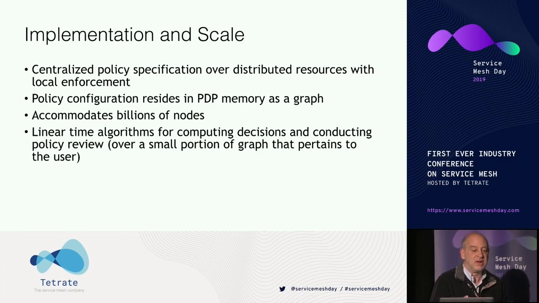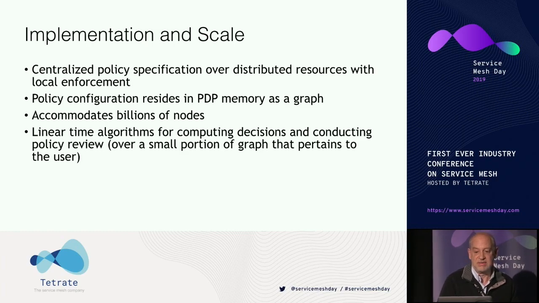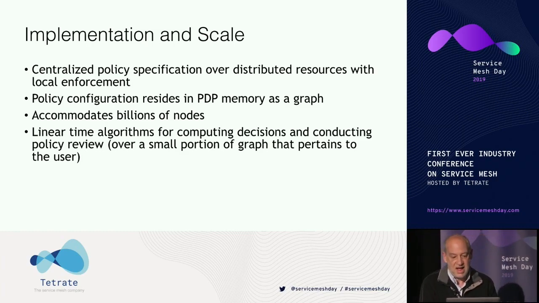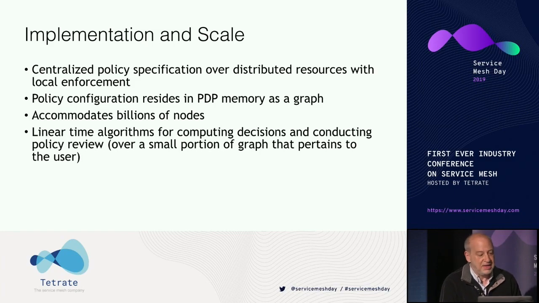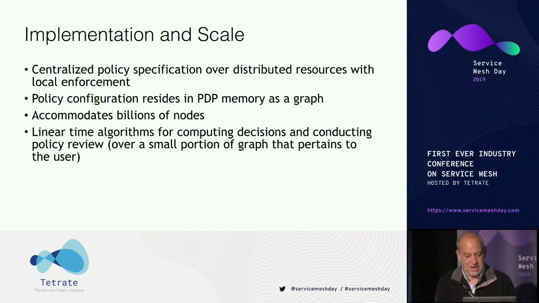We also have linear time algorithms for computing, not only computing decisions, but reviewing the resources that you have access to. And when you do a review, it's important to note that even though there could be billions of nodes, the only nodes that are relevant pertain to a particular user, and they represent a relatively small part of the actual graph in memory. So it's very efficient.